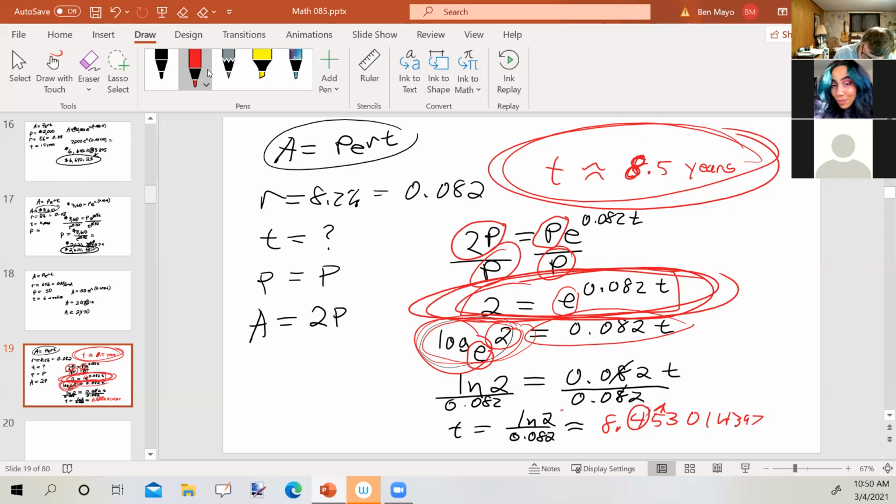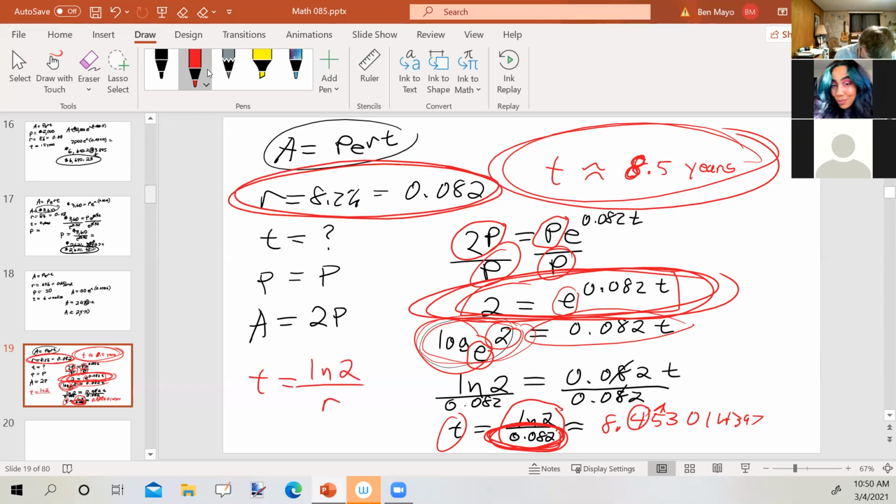What I want you to look at is this right here. Before we went to the calculator, the time was the natural log of 2 divided by 0.082. Where did the 0.082 come from? The growth rate, the rate changed to a decimal. So t equals the natural log of 2 over r. That's a formula, a shortcut to what we did here.